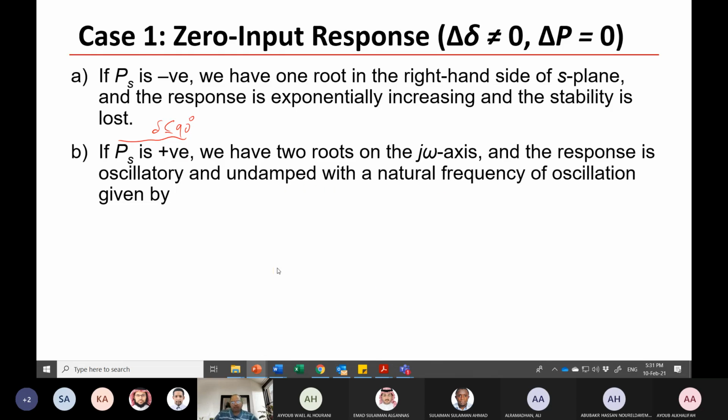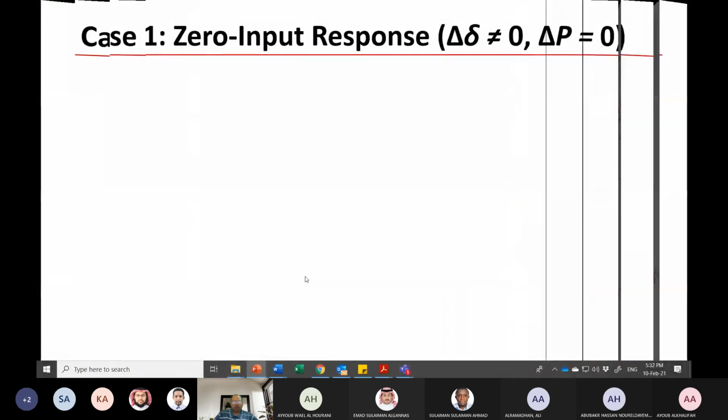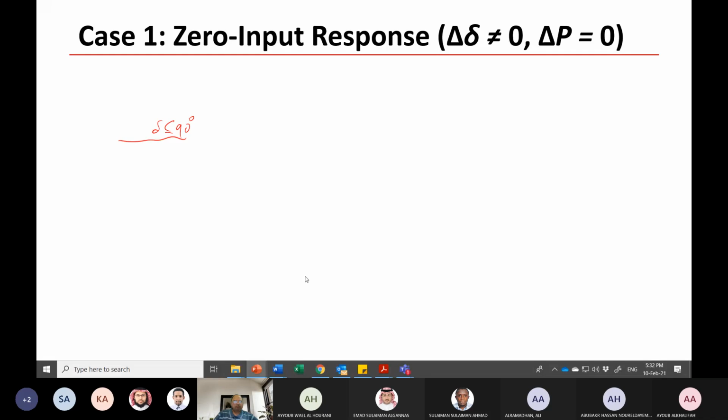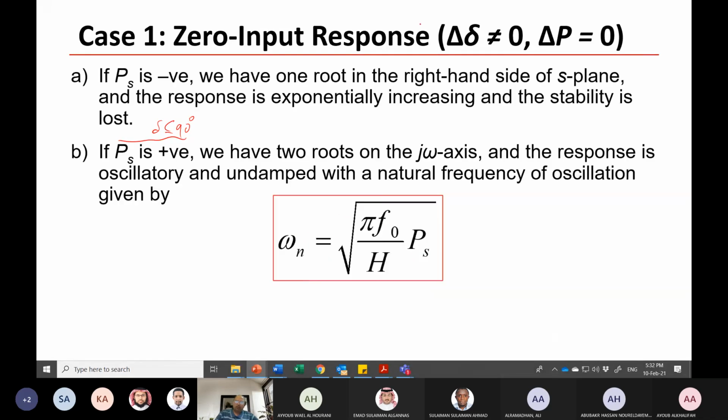Of course, if you have a second order equation like this, you can put it in its standard form, which is S square plus 2 zeta omega n S plus omega n square equal to 0.